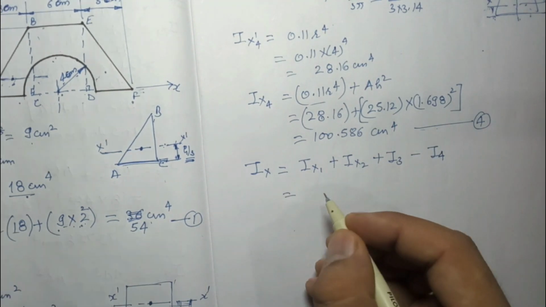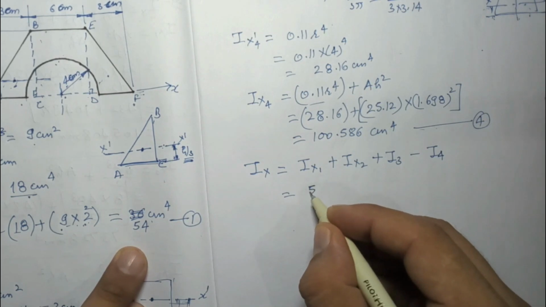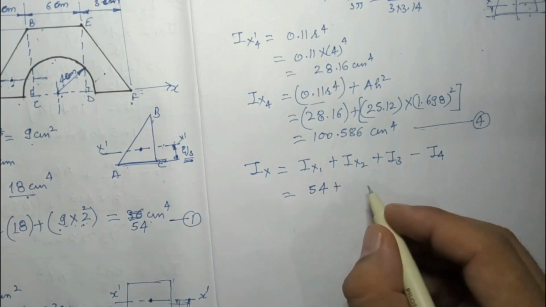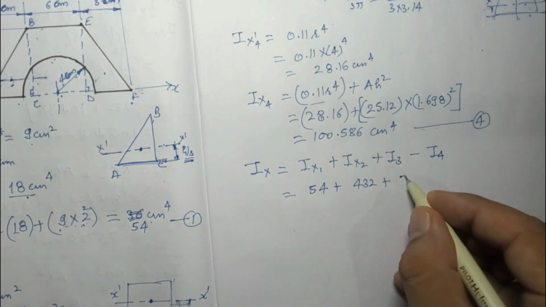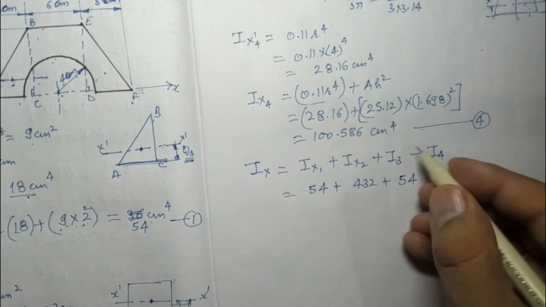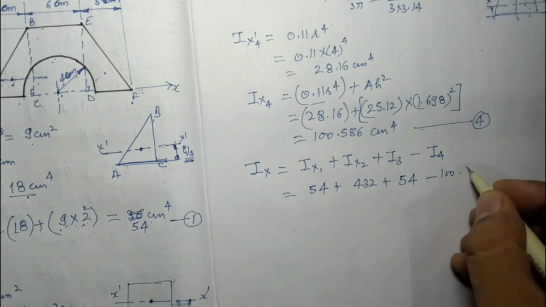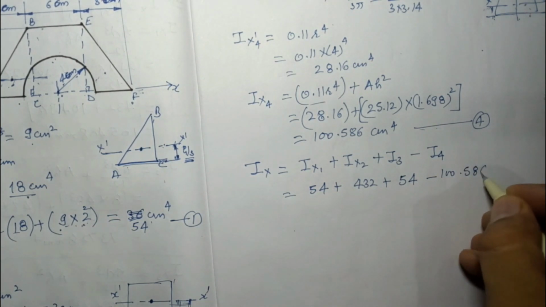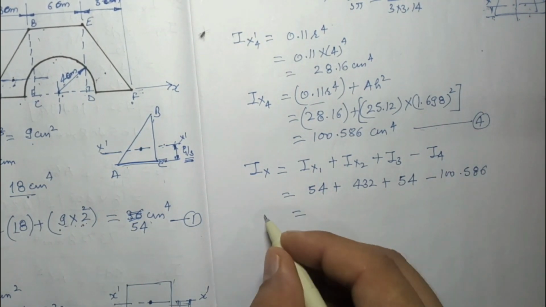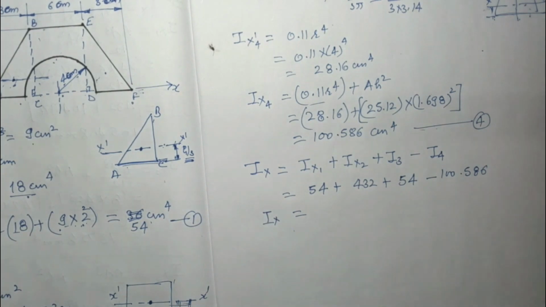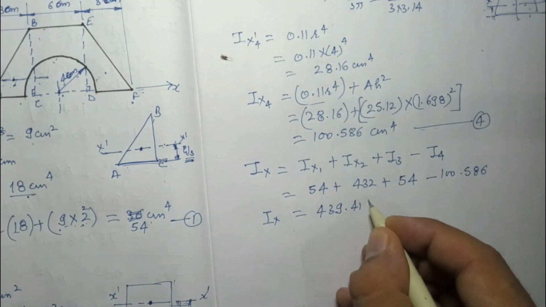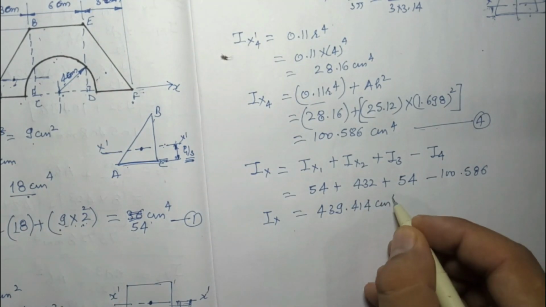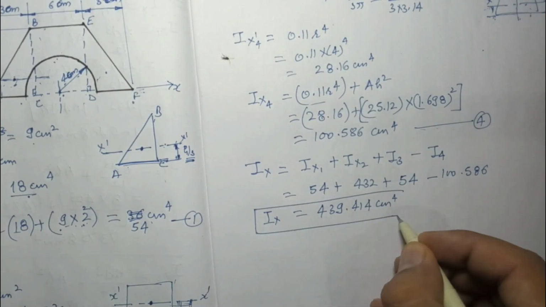The first is 54, plus the second, 432, plus the third, 54 again, minus 100.586. After calculation we get the moment of inertia of the given object, 439.41 centimeter power 4. So this is the final answer.